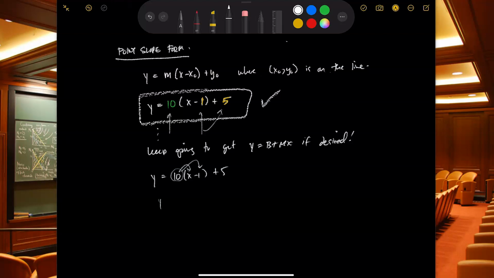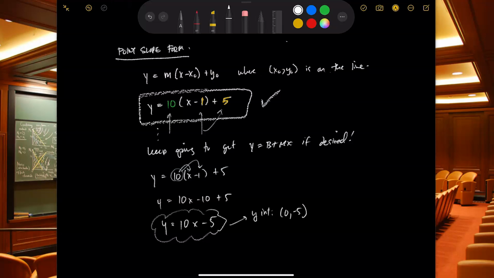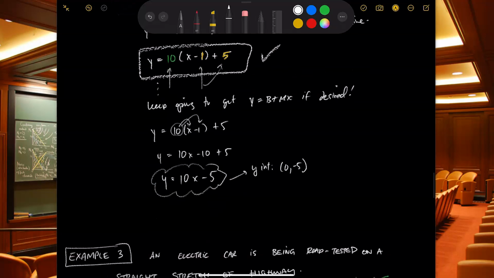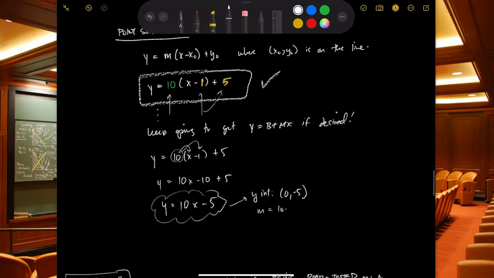It seems not as simple as it could be. 10x minus 10 plus 5, which then simplified gets us 10x minus 5. Well, now here's b plus mx form. I know that the y-intercept is 0, negative 5. It crosses the y-axis at negative 5, still has slope of 10. So I have a little bit more information. So depending on what form you want, you get a little bit more or different information.